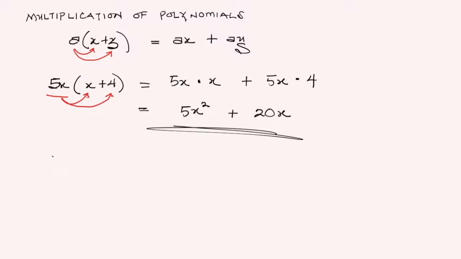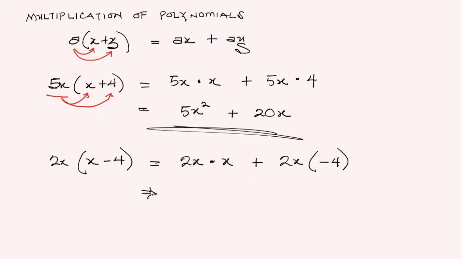If we have another example, 2x multiplied by x minus 4. So this is going to be equal to 2x multiplied by x plus 2x multiplied by minus 4. And so 2x multiplied by x is equal to 2x squared.